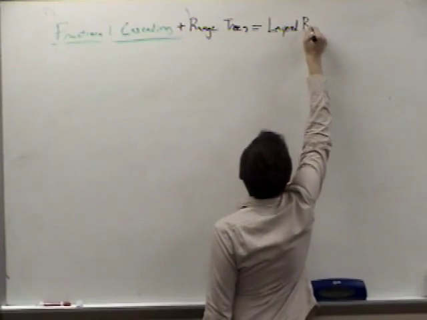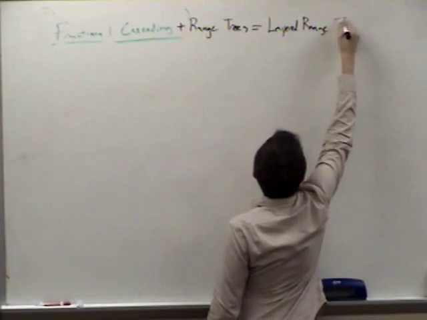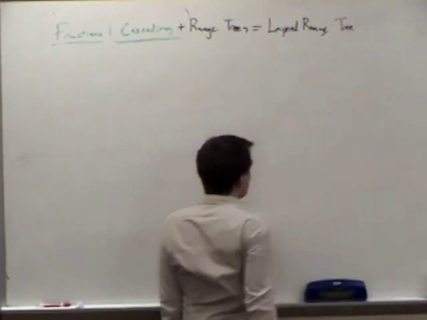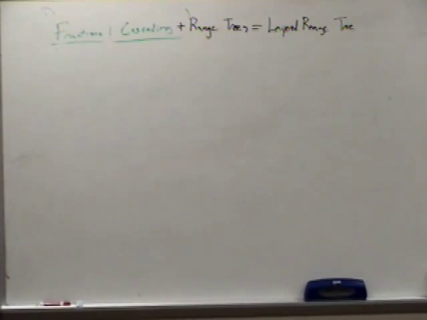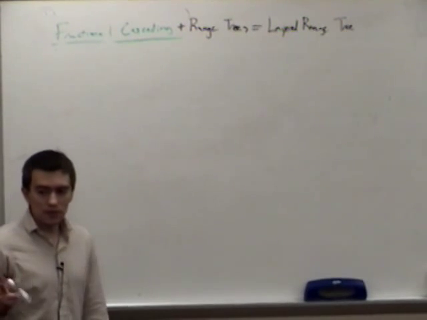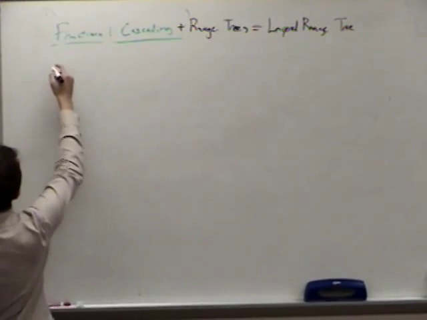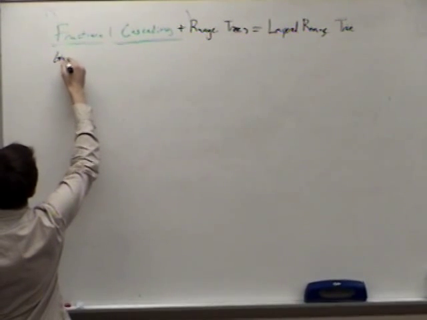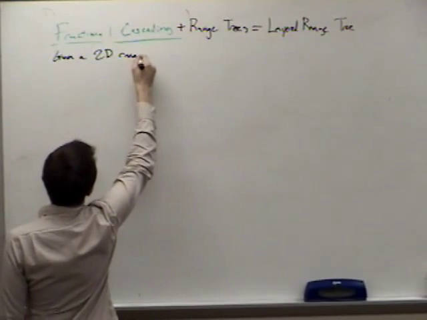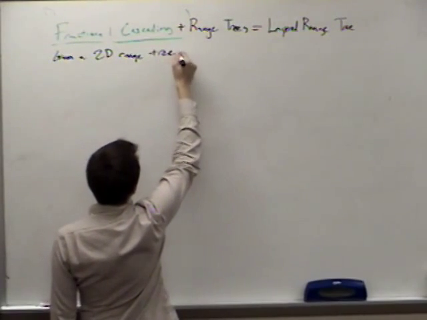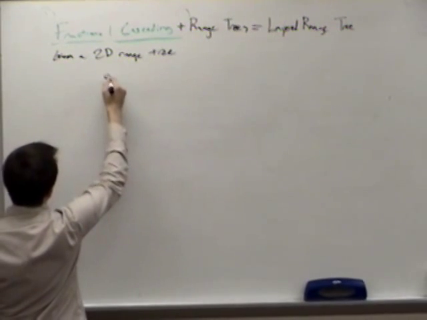It's pretty much the same idea as we already saw for range trees, except we're just going to use fractional cascading to speed up the search on the last level of the range tree. So it's sufficient to explain how this would work for just a 2D range tree. All right? So given a 2D range tree, I'll draw a picture of it here.